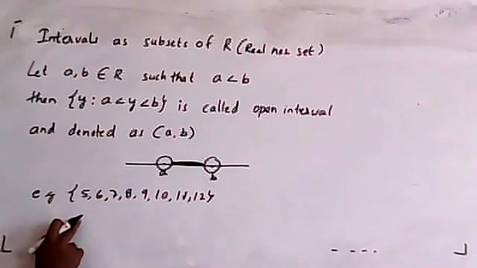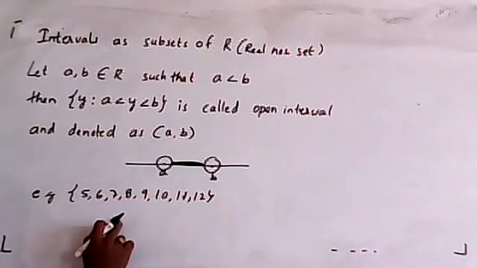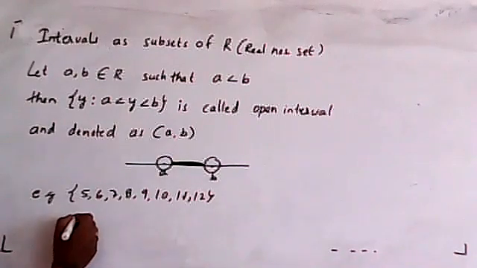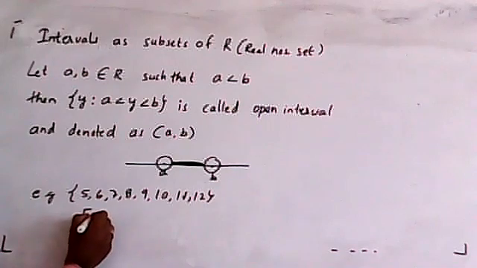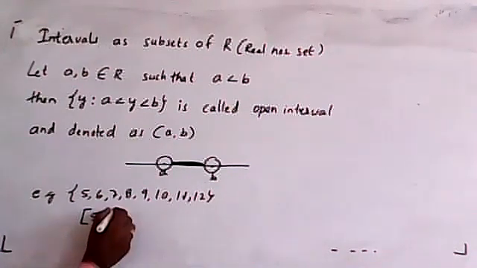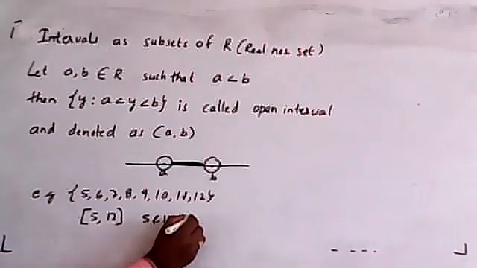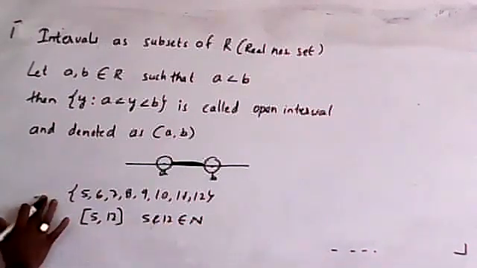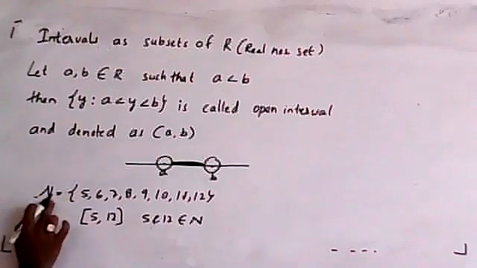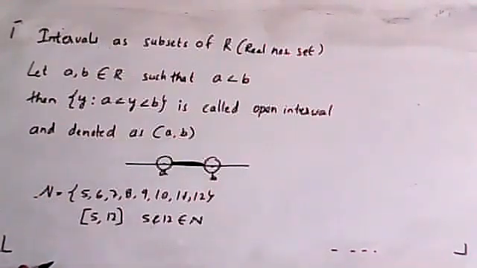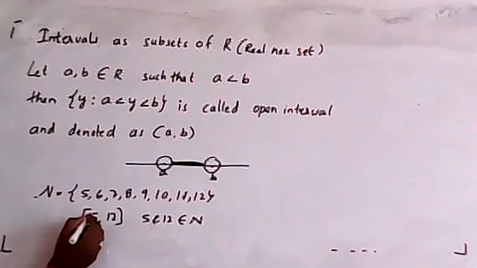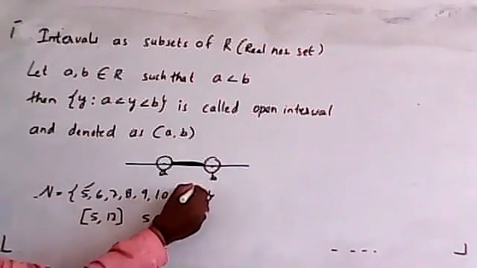Then I will write this as 5, 12, and I'm telling 5 and 12 all belong to the natural number set. This I can represent in this way also. Closed means I have included 5 also, 12 also.